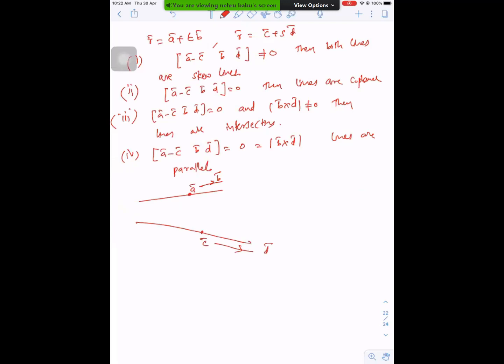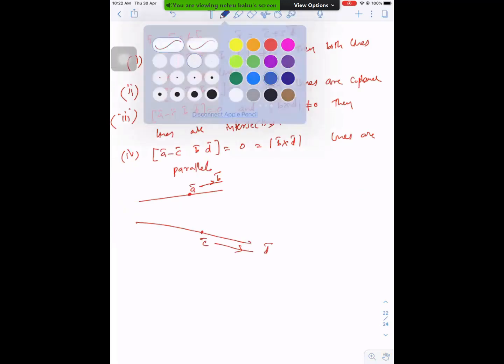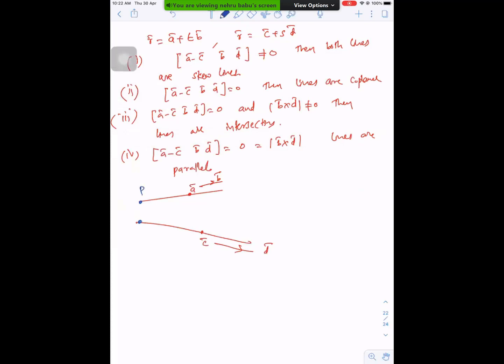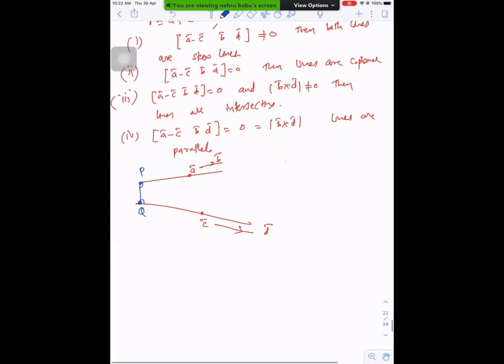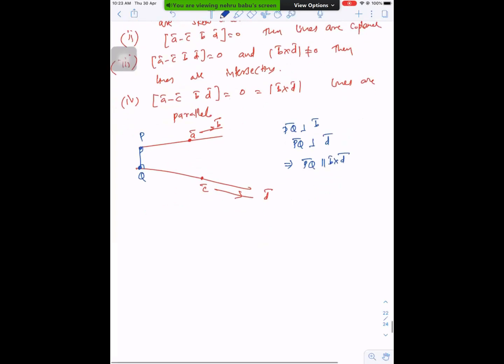Assume the shortest distance is at the points P and Q. Here, not only the shortest distance, they can also ask what are the coordinates of P and Q. Now, how to find that: here PQ bar is perpendicular to b bar and PQ bar is also perpendicular to d bar. So PQ bar is surely parallel to b cross d.